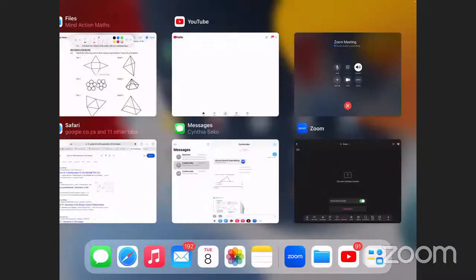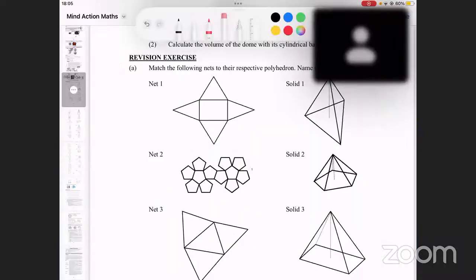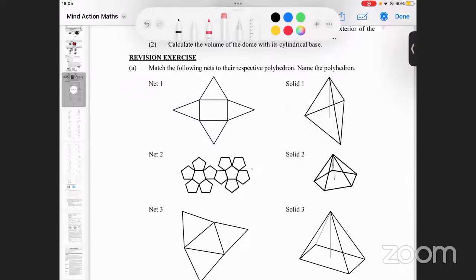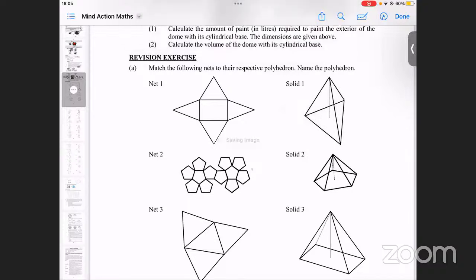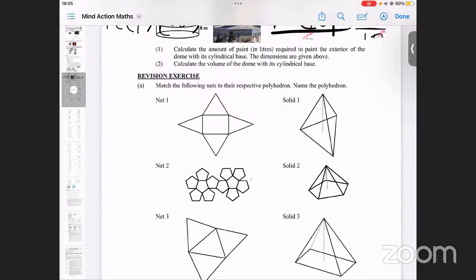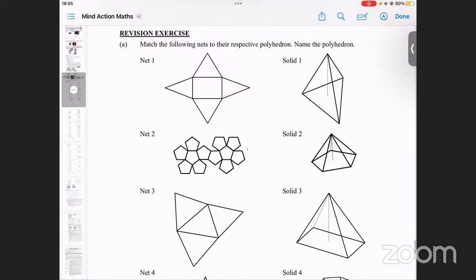So I want us to reflect on what we've been doing for the past 2 weeks. I want us to do this exercise where we're going to be matching the nets with their solids. A solid is a completed shape where it's folded and everything.